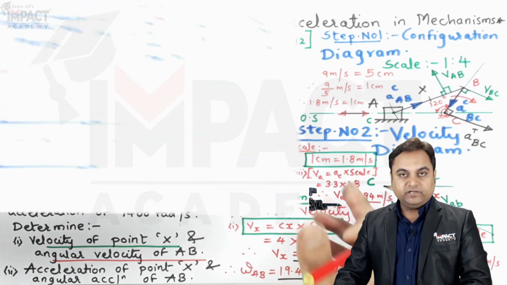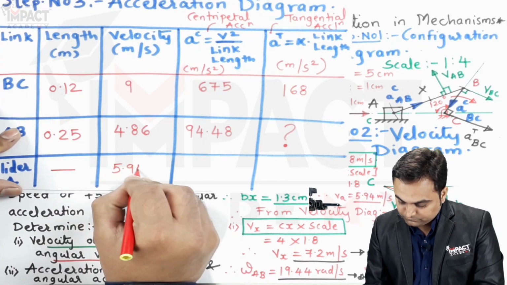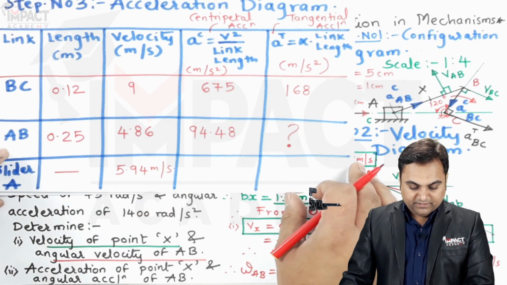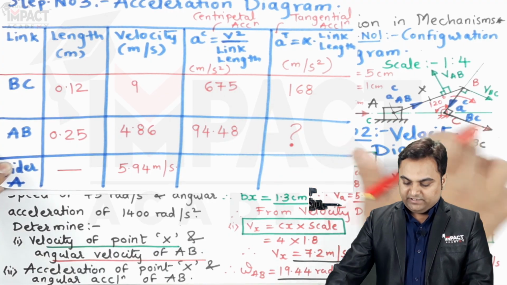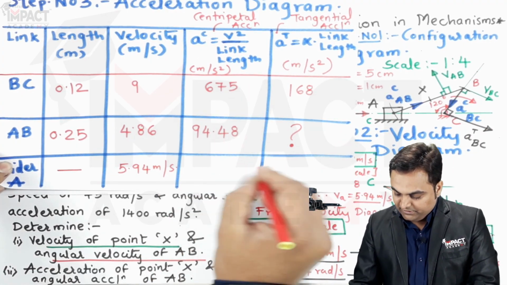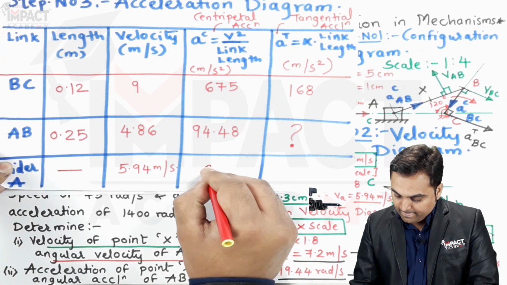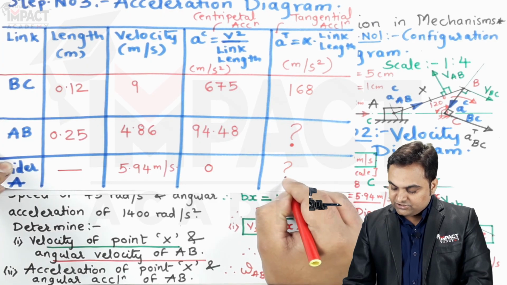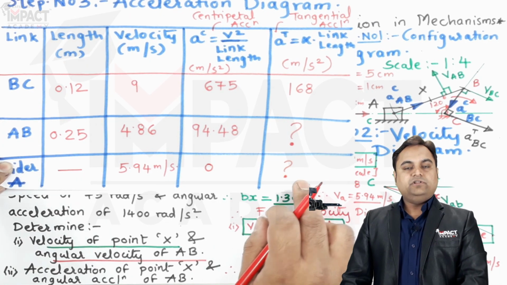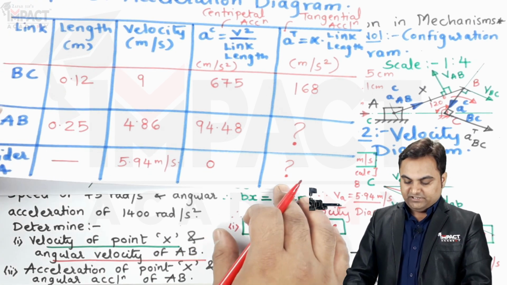VA was 5.94 meter per second. And then since it is reciprocating along a straight line, the centripetal acceleration would be 0 because it is not rotating. And the magnitude of the tangential acceleration is not known, and whatever the magnitude of the tangential acceleration is, that same would be the main acceleration.